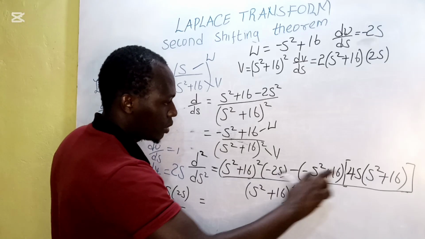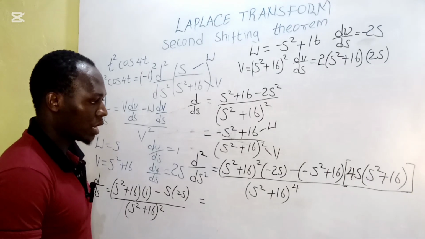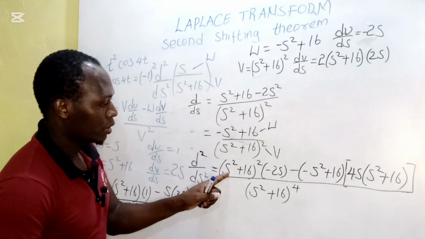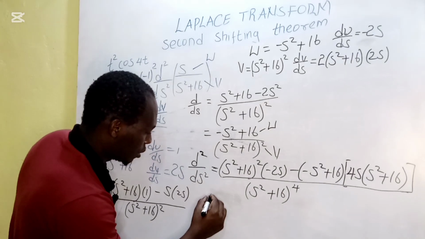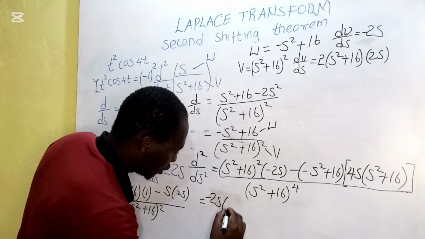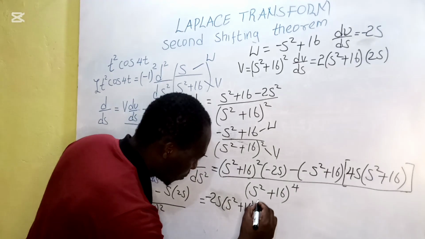From this point now, let me work out the numerator. On the numerator now, I'm going to have a common function of negative 2s into s squared I add to 16.